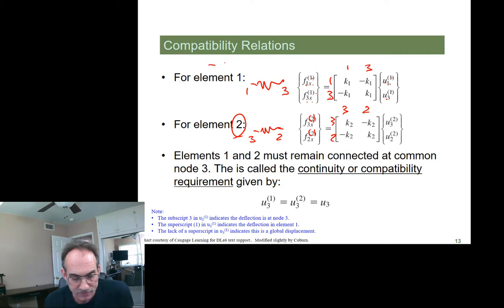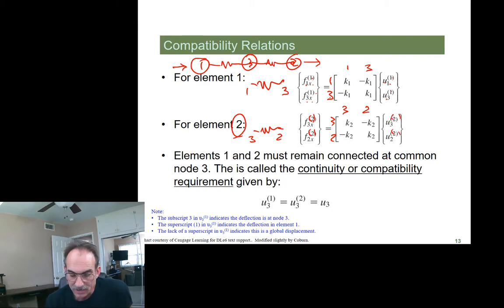Remember, this is our total system. This is 1, this is 3, and this is 2. Okay? So these are the forces here. We've got a force here, and so on. You got that? This is for element 2.